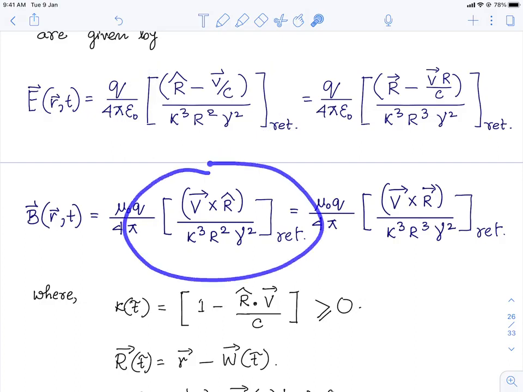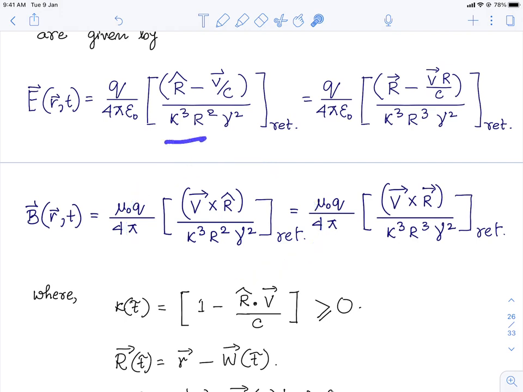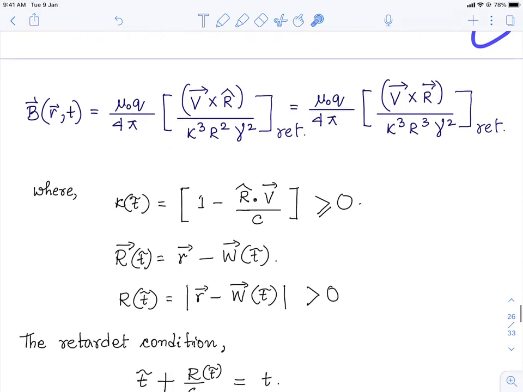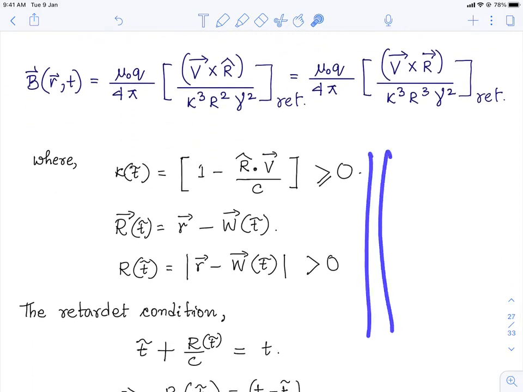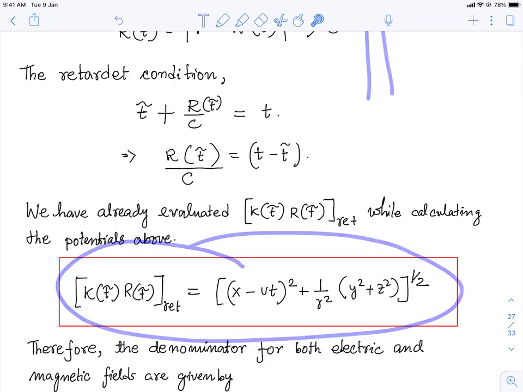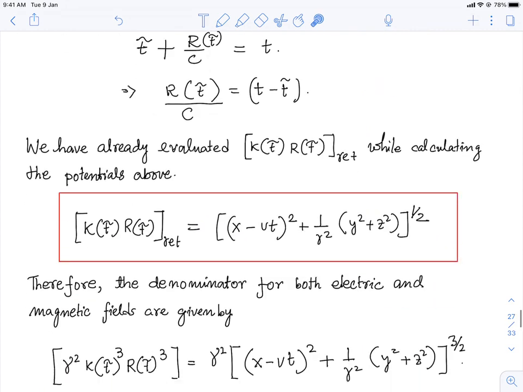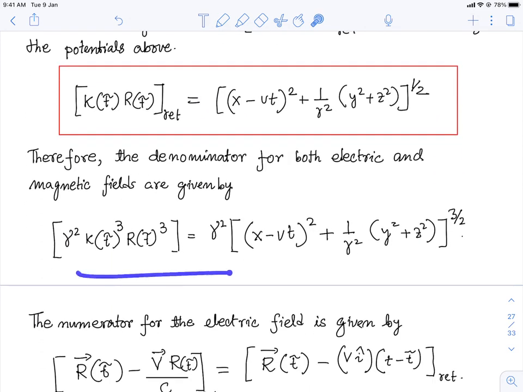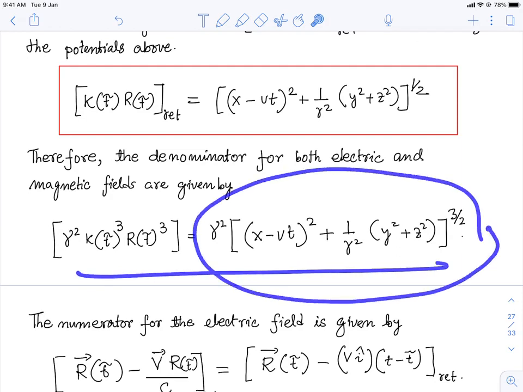Then there's a multiplication with r in the numerator and denominator, so that the denominator becomes kappa times r whole cubed, with the retarded condition. It's the same set of algebra. If we do that, we can directly use the fact that this retarded thing is this. Then the denominator exactly matches our expected denominator.